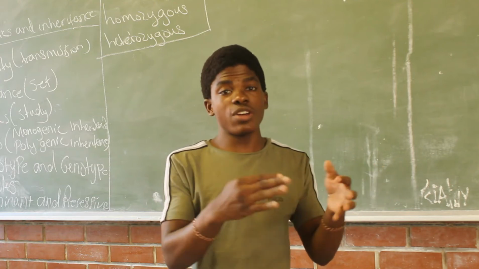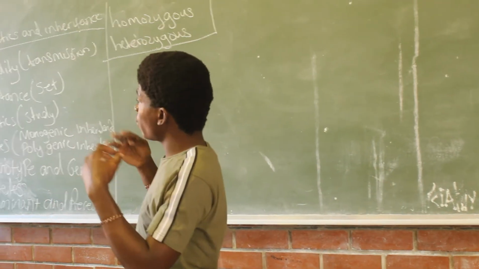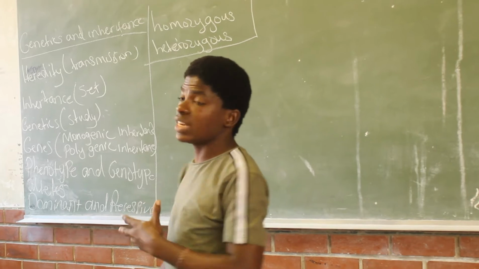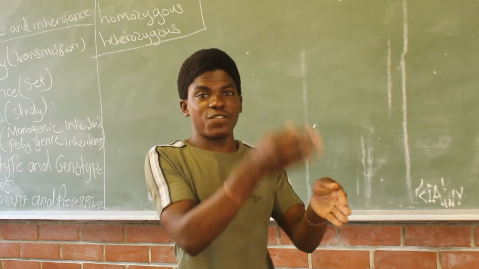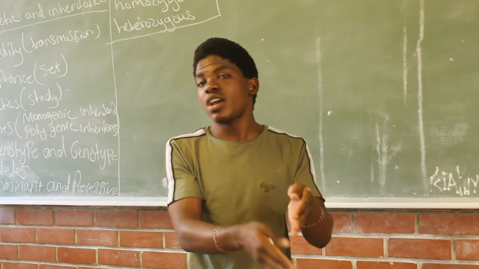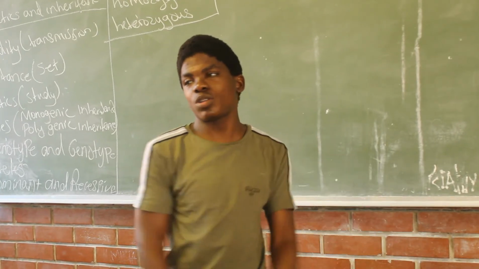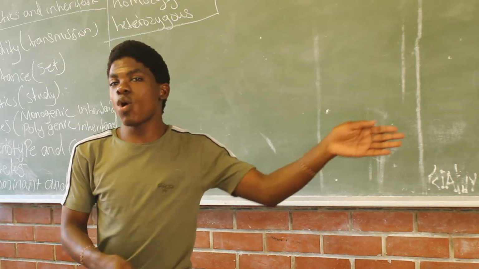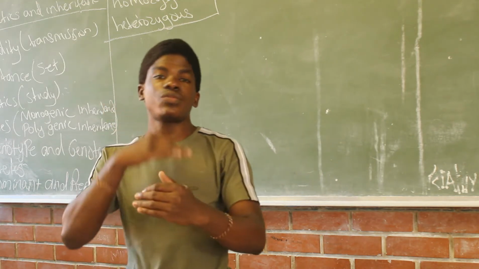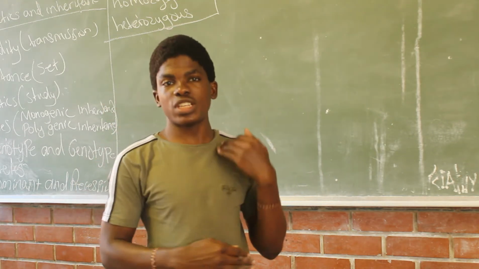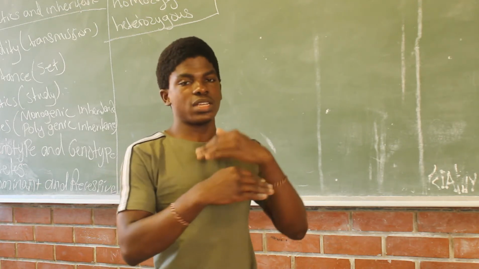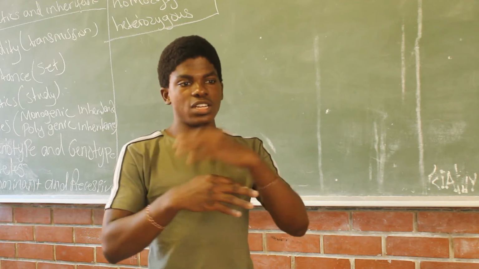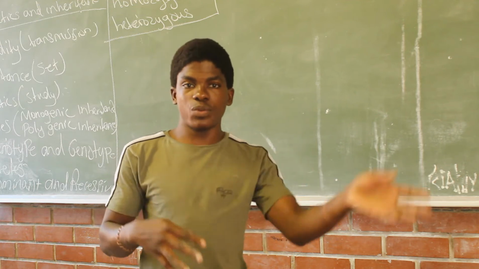So in order for you to have a better understanding of this topic, you need to know that from term 1, the first day you went into matric, the first topic, all the way up to this topic, they all link. It's just an addition from what you already know. You started with DNA, and then you learned that we get cells that need to have all the DNA from both parents.